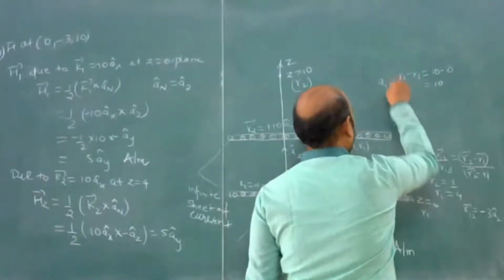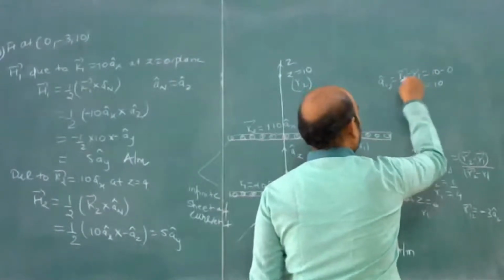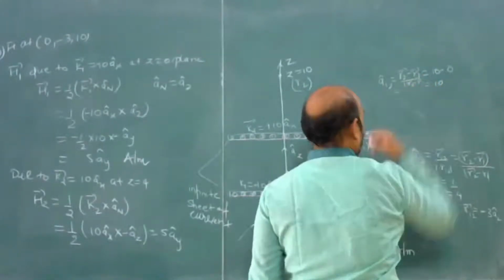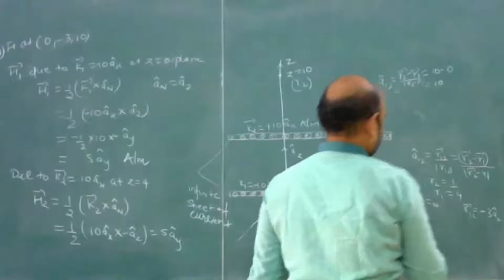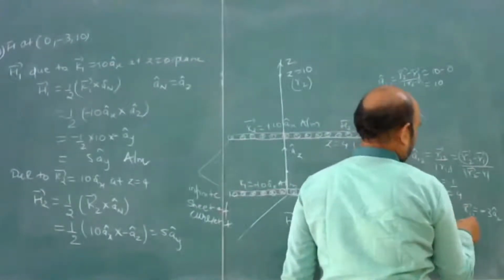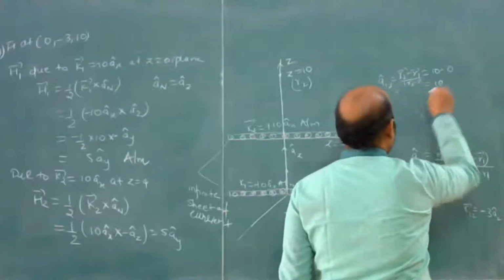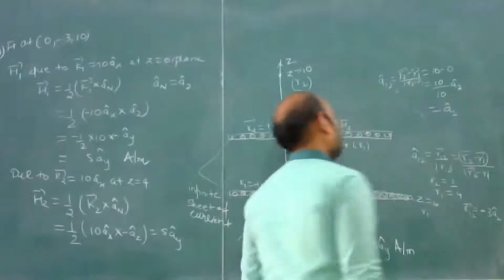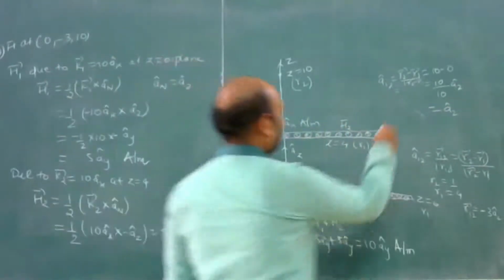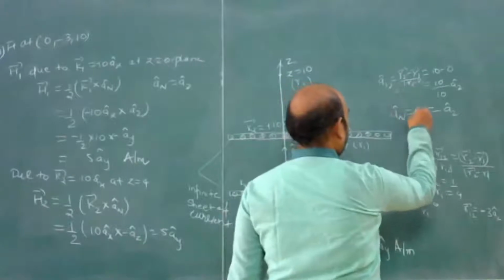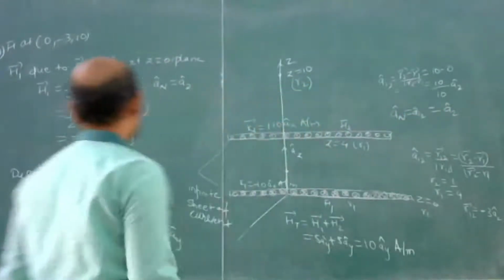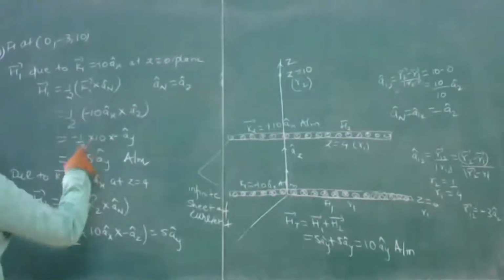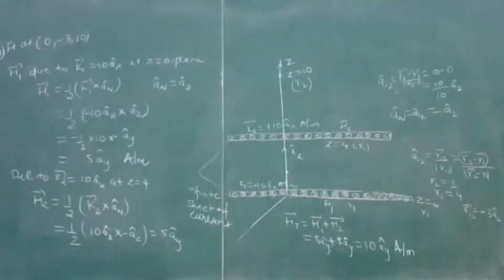So A12 will be R2 minus R1 over its magnitude, and An will be plus Az. Ax cross Az is minus Ay, so this is negative, and minus Ay will be positive.